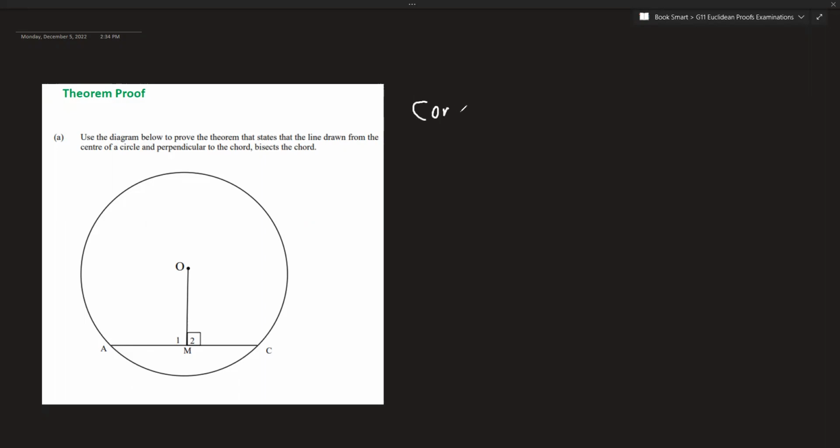So my construction: I'm going to join the radii in this case. So I'm going to draw my radii, 1, 2, and then I'm joining them. Also, there's another radius here, which needs to be joined as well.